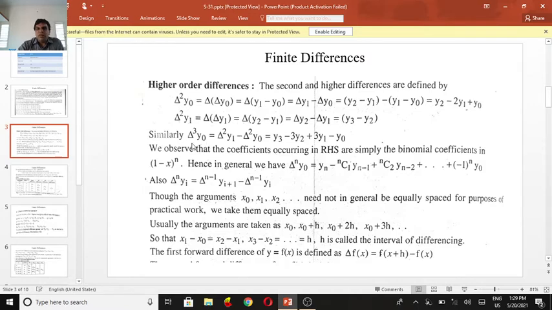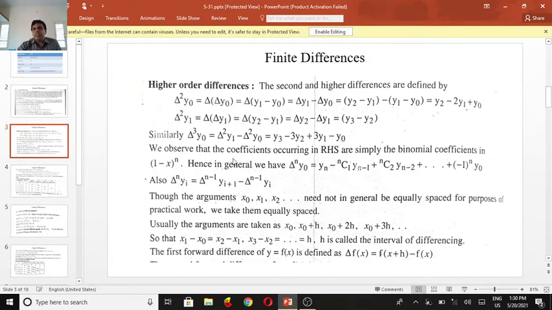Now take delta cube y0. We can write it as delta square of delta y0, which is delta square y1 minus delta square y0. Simplifying, we get y3 minus 3y2 plus 3y1 minus y0.